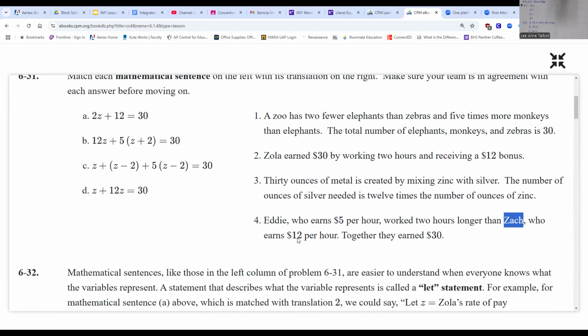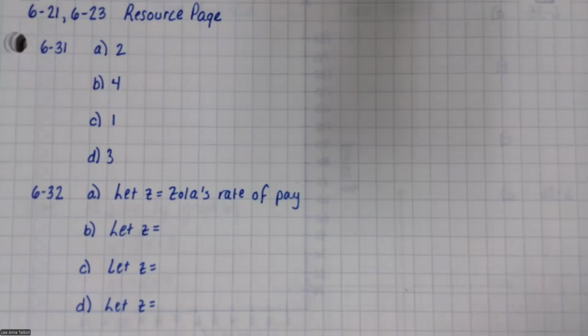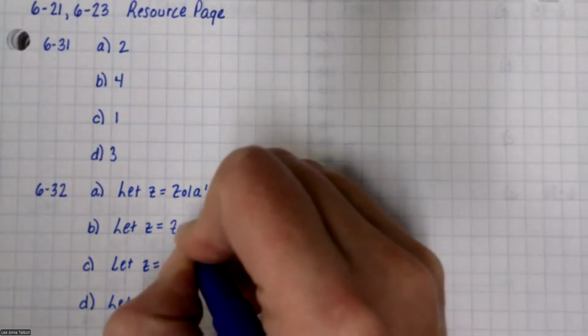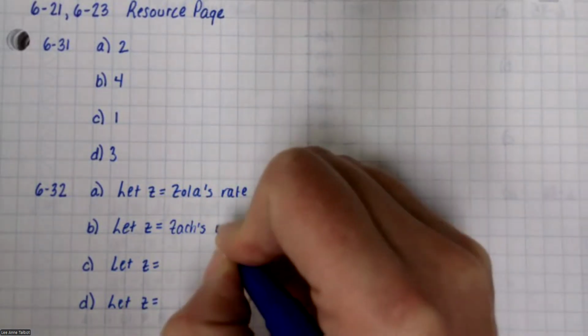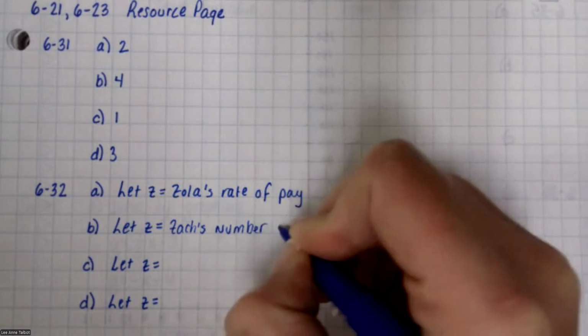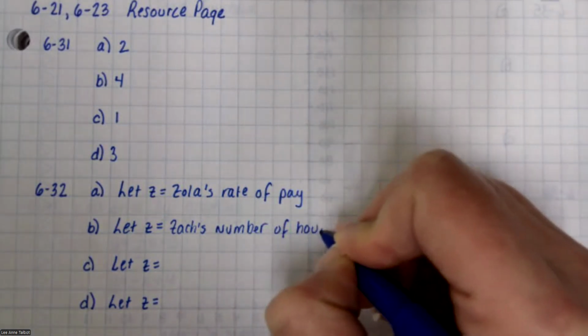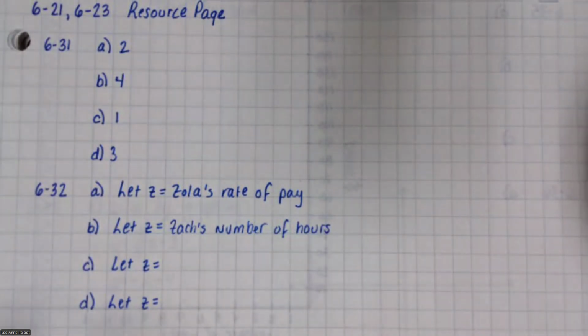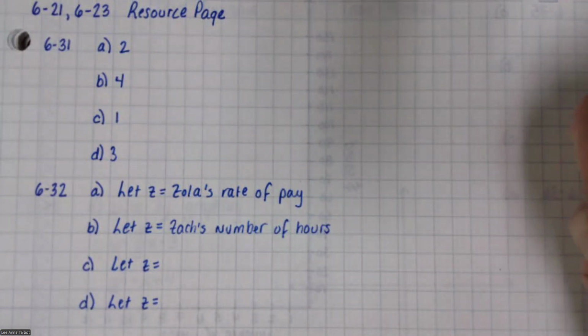No, because you know that's 12. How long? Exactly. So it's not necessarily 2, it's a variable. So you're supposed to say let Z equal Zach's number of hours. It's basically like, what are you solving for? Is what it's asking.